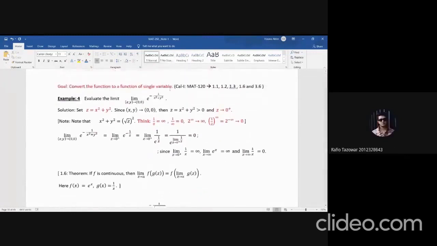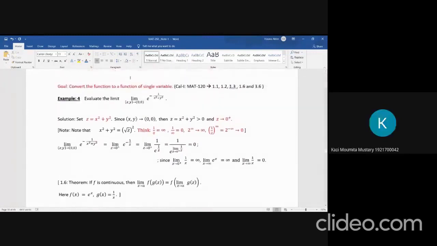Okay. Look at the question. You have to evaluate this limit. If you want to evaluate this limit, look at the function. You have a function of 2 variables. So by some substitution, try to make it a function of a single variable.